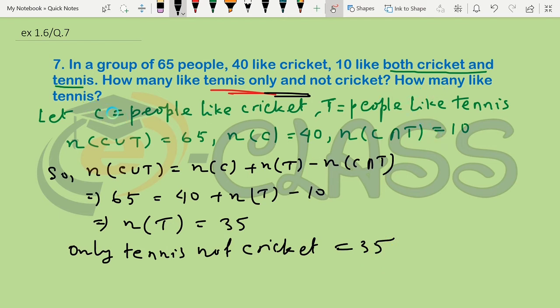So only tennis means only tennis, no cricket. How many like tennis?